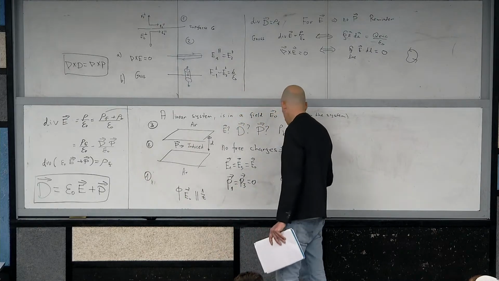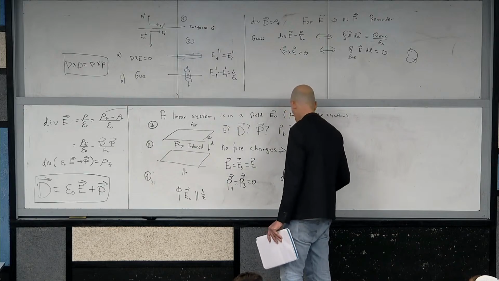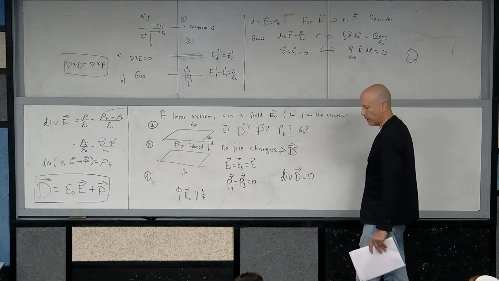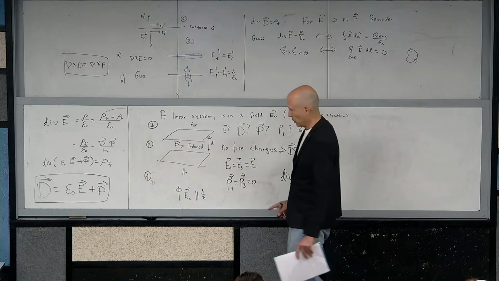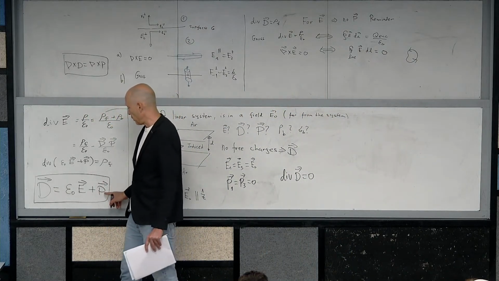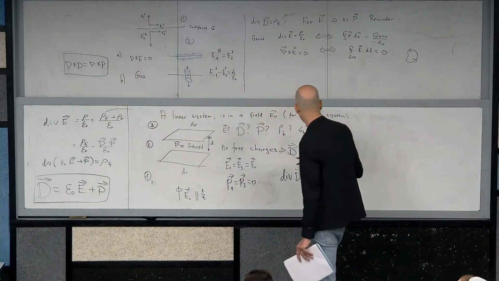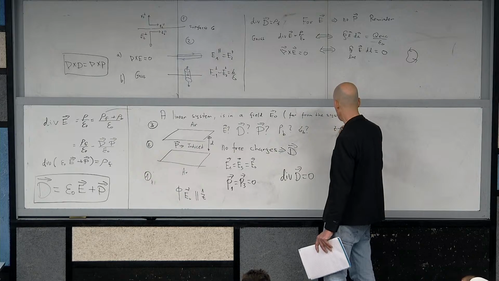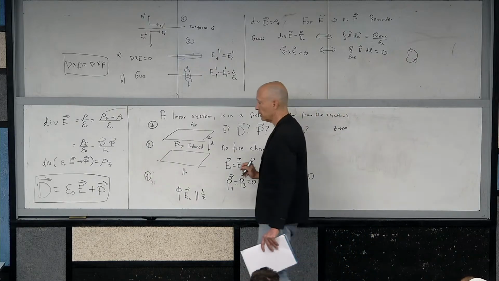And that's before: div D is equal to 0. What is D then? E. Exactly. So D is nearly E. The polarization far away at infinity. So the way I think about it is, let's look at z going to infinity, far away, where the boundary condition is given.